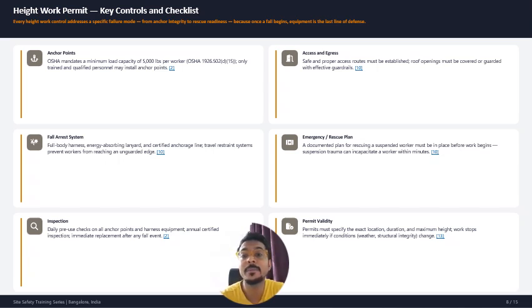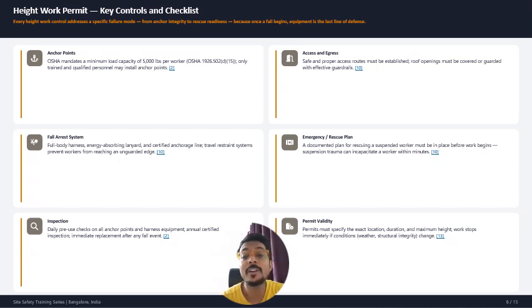Roof openings must be covered and guarded with effective guardrails. Fall arrest system: full body harness, energy absorbing lanyard, certified anchor line, and a traveler restraint system preventing the worker from reaching an unguarded edge.